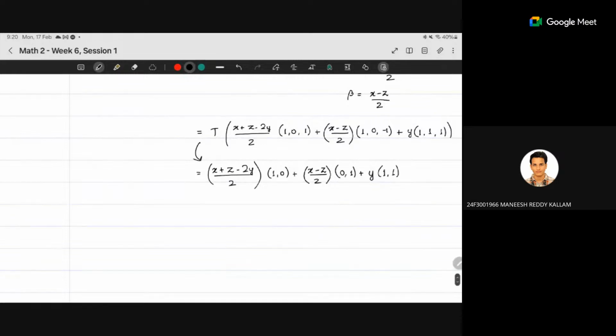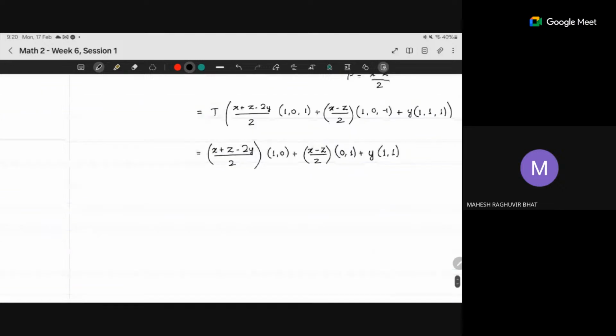Did you understand this step to this step? It's just using the linear transformation property. And now we have to do just the addition. I think (x plus z) divided by 2 will be the first component. Minus y plus y get cancelled. And then you have (x minus z plus 2y) divided by 2.